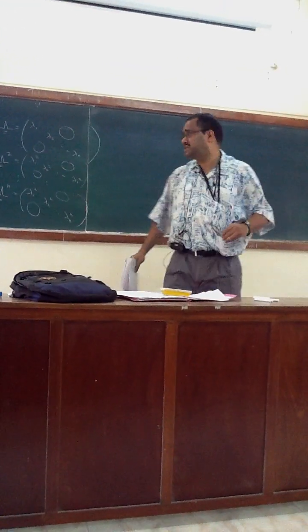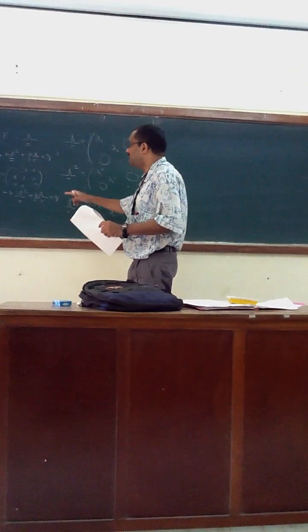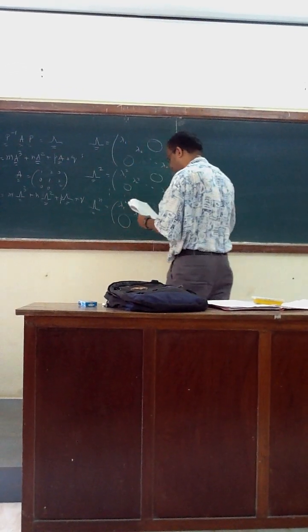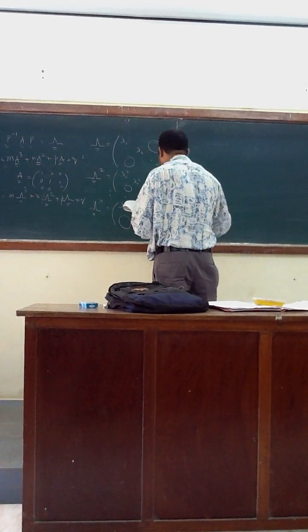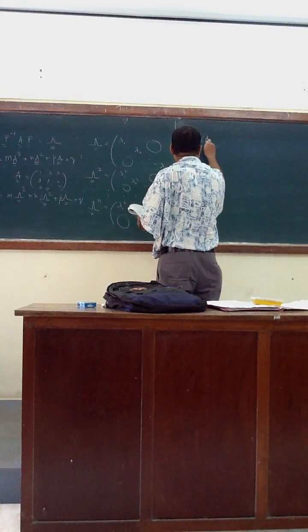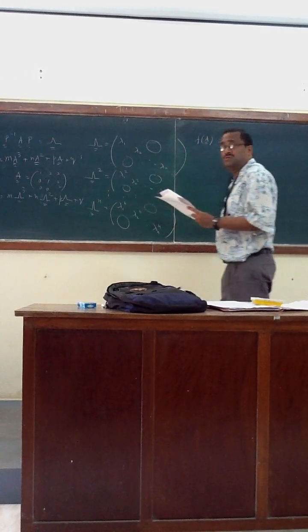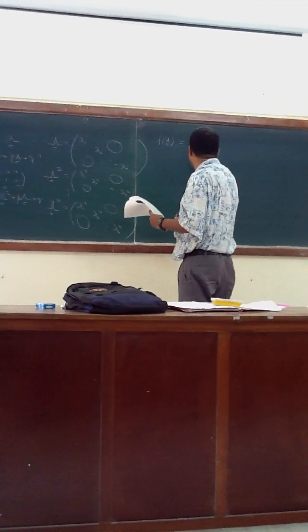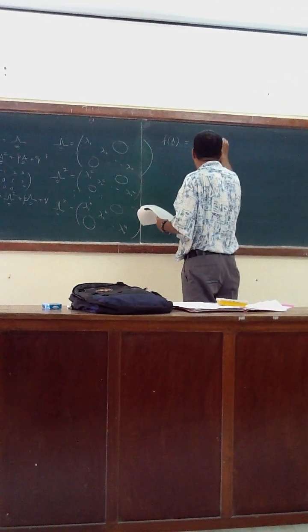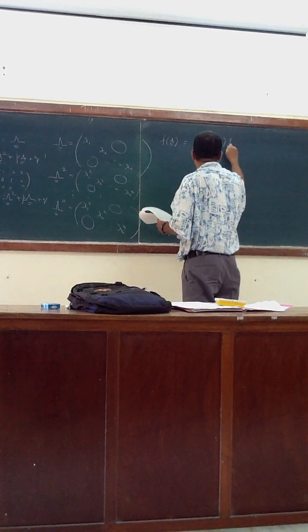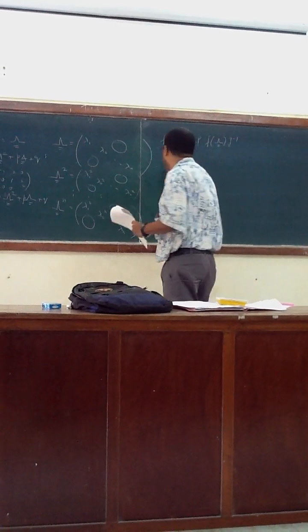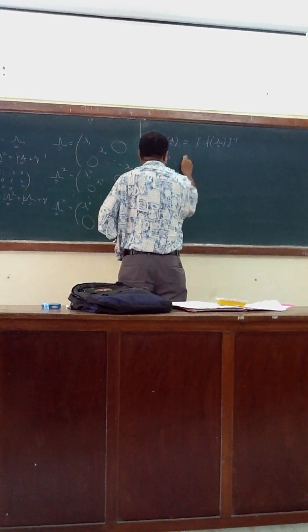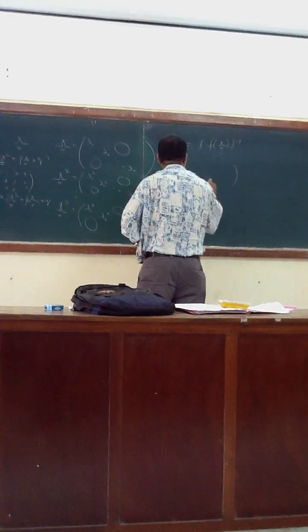And what actually happens? There is a relationship between f of A and f of lambda. What is that? f of A equals, we have done last class, P f of lambda P inverse. And how has this P matrix been formed? We know that these are all eigenvectors.